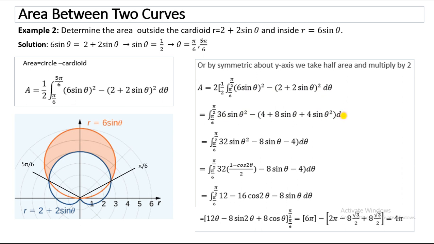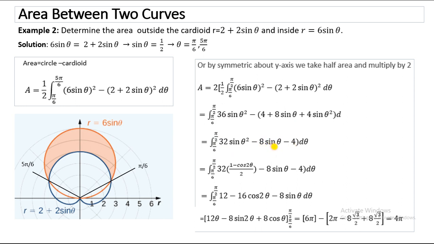The integration from pi over 6 to pi over 2 of 36 minus 4, which gives 32 sine square theta minus 8 sine theta minus 4.